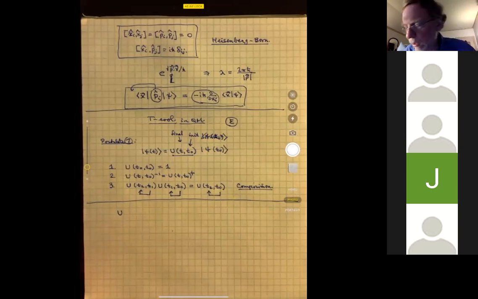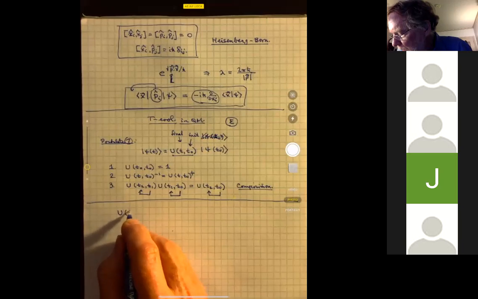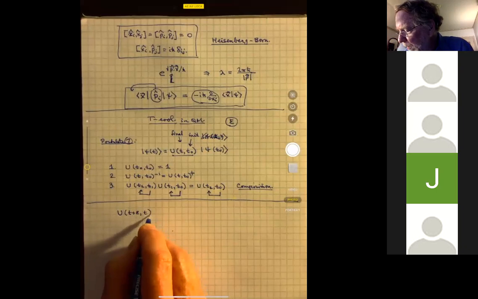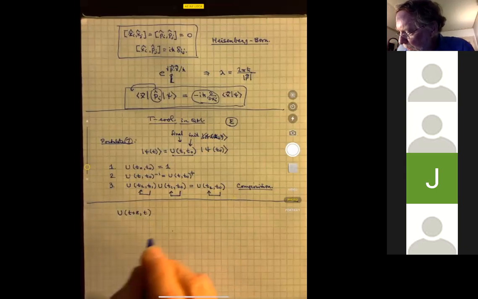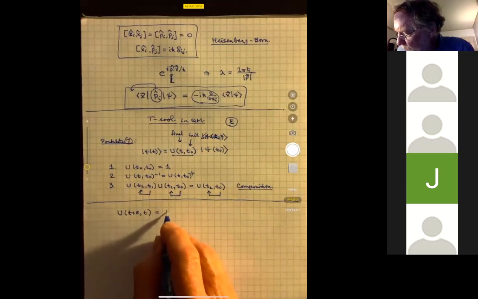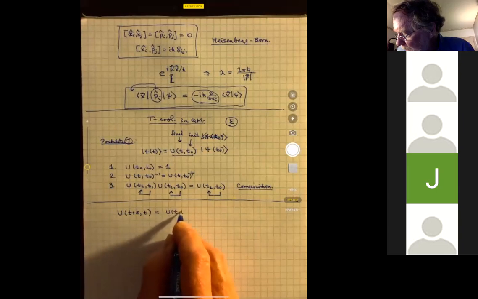It's the same philosophy. So let's look at two times: the final time is t plus epsilon, and the initial time is t. If we expand this in a Taylor series, the leading term is U of t comma t.